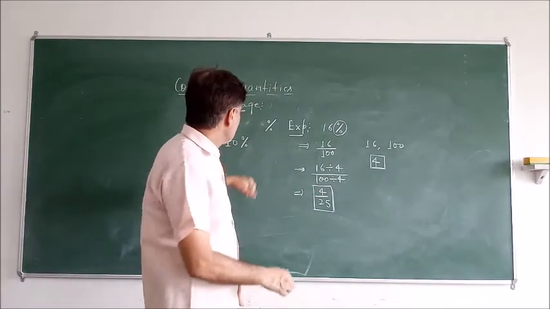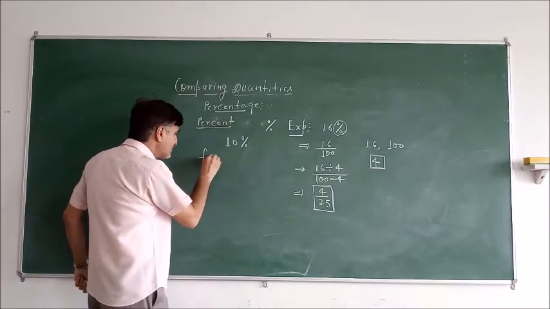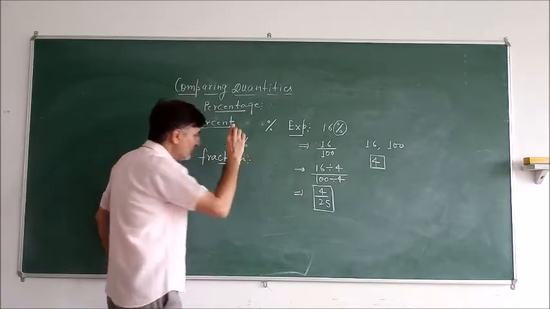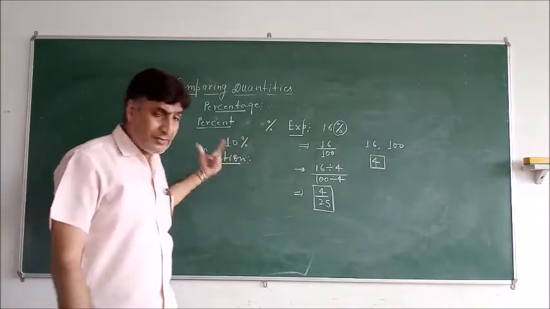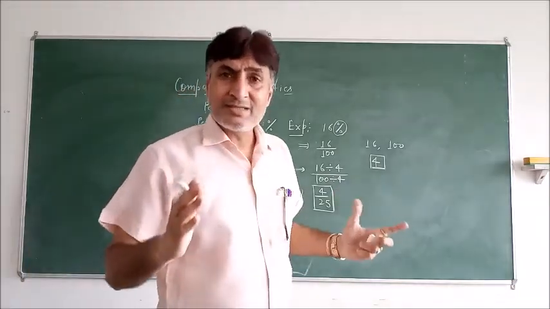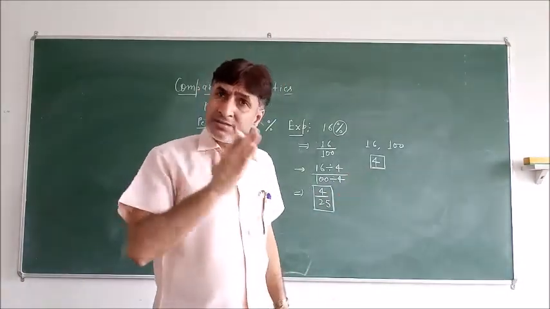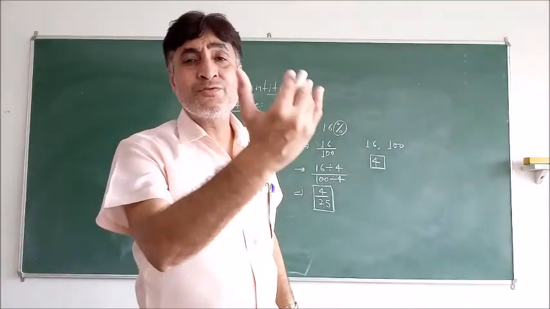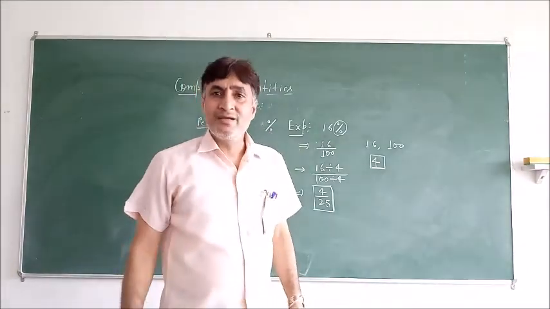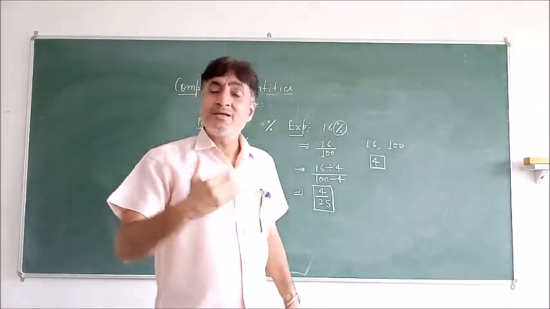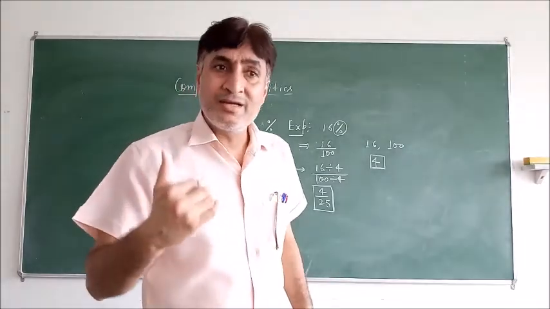As far as the word fraction is concerned, students, you are well aware of it. Fraction means part of something. Usually a fraction is written as numerator upon denominator, and in standard form the numerator is always smaller than the denominator.